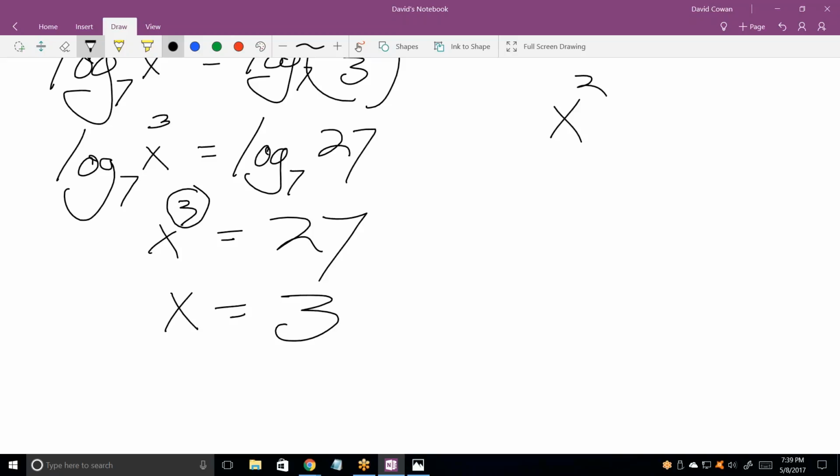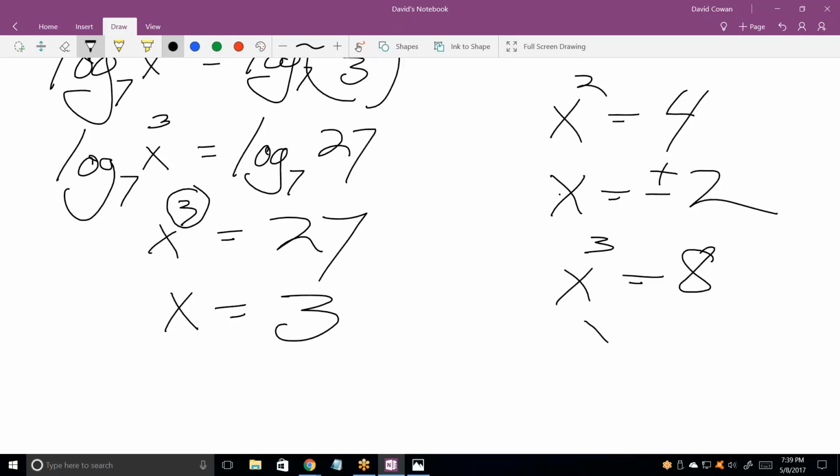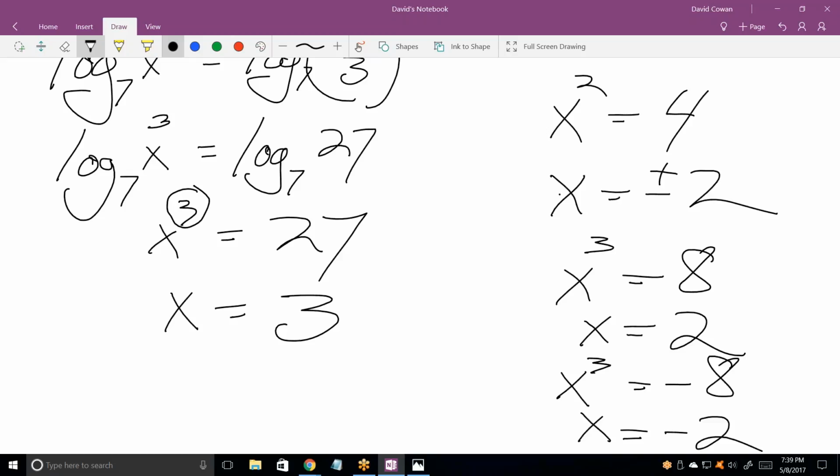This is important. If I say x squared is 4, then x is plus or minus 2, because minus 2 times minus 2 is equal to 4, and plus 2 times plus 2 is equal to 4. But if I have x cubed equals 8, then x is only equal to 2. If I had x cubed equals minus 8, then x is minus 2.